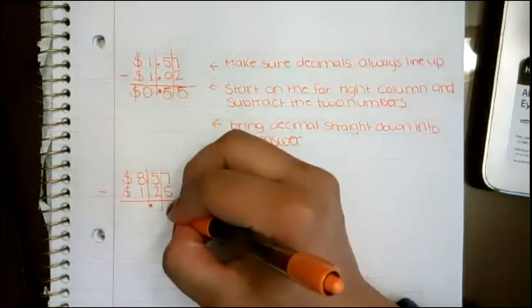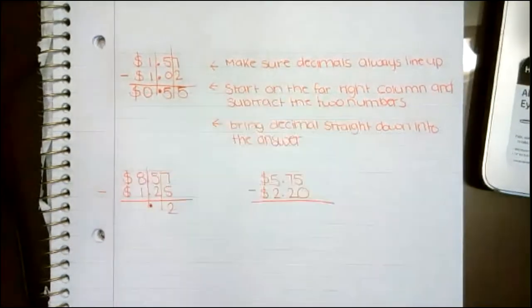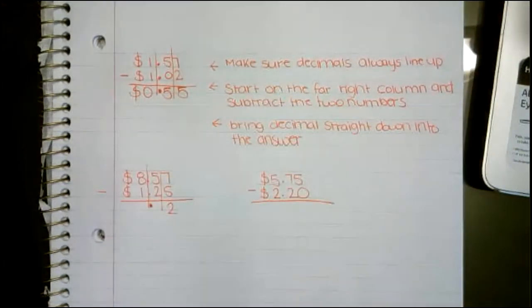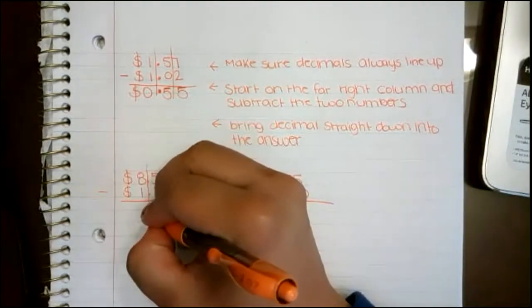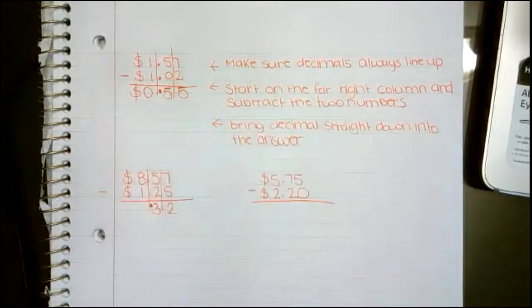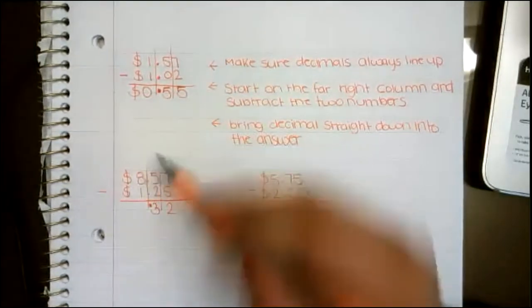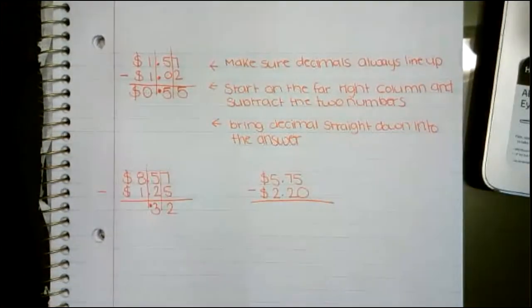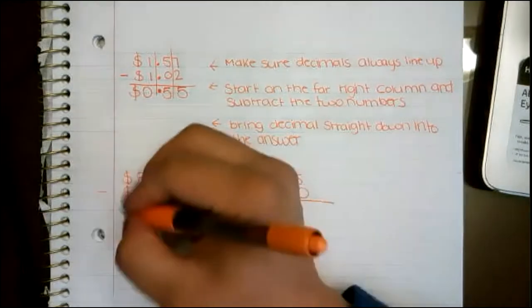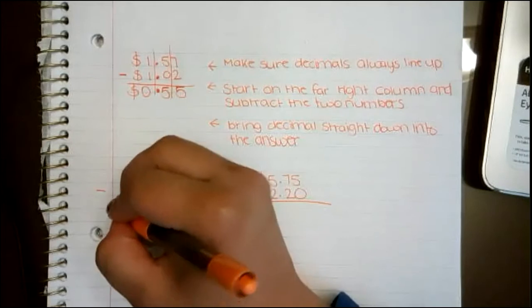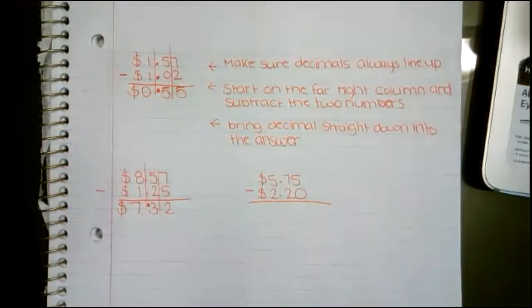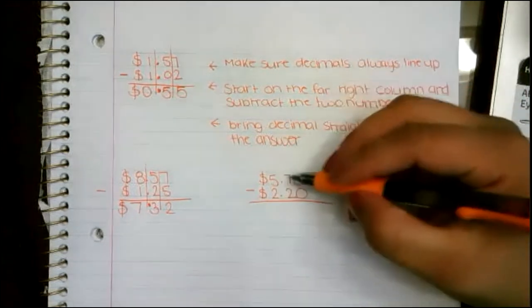Right, it's 2. Then 5 subtracted by 2. Right, it's 3. And then lastly, we go over to our dollars. 8 subtracted by 1, which is 7. So our answer would be $7.32.